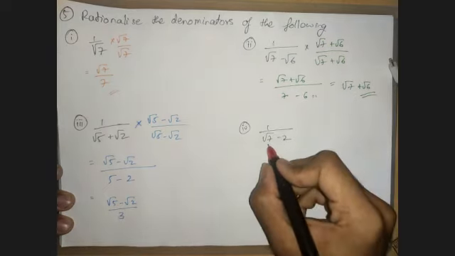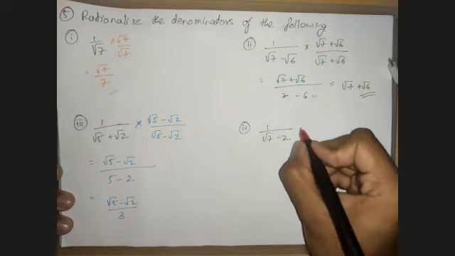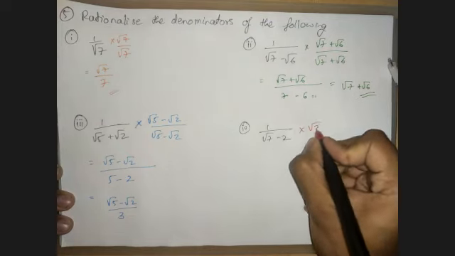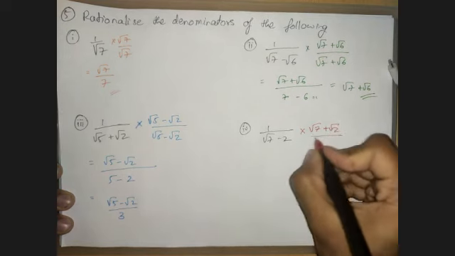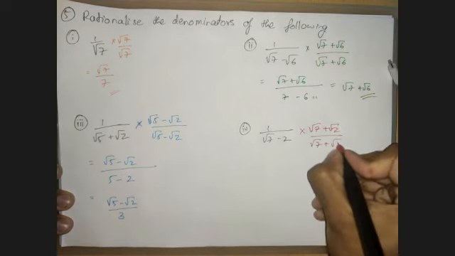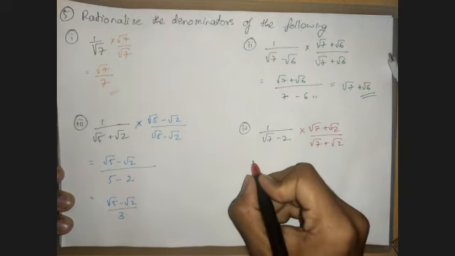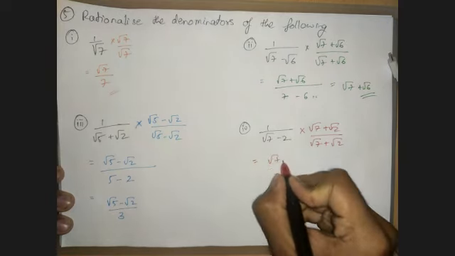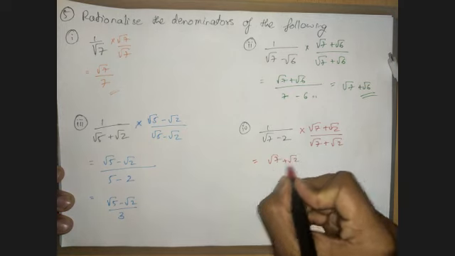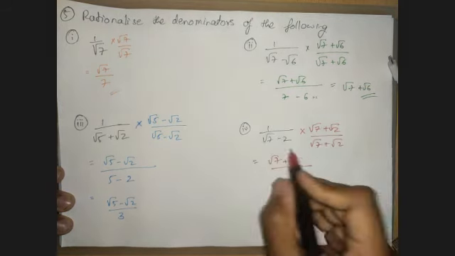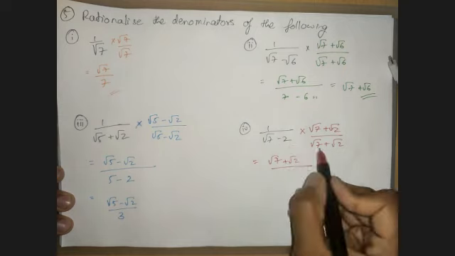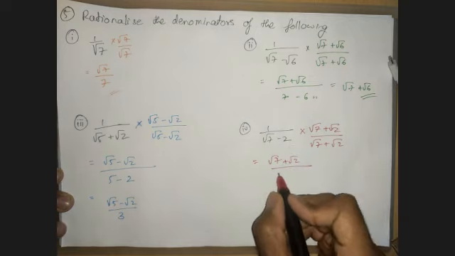Let us look at this problem, root 7 minus root 2. So we multiply by root 7 plus root 2 by root 7 plus root 2. We change the sign in the center. So what do we get? The numerator remains the same, root 7 plus root 2, because there is nothing here to multiply. And here it is x plus y into x minus y, that is x square minus y square.